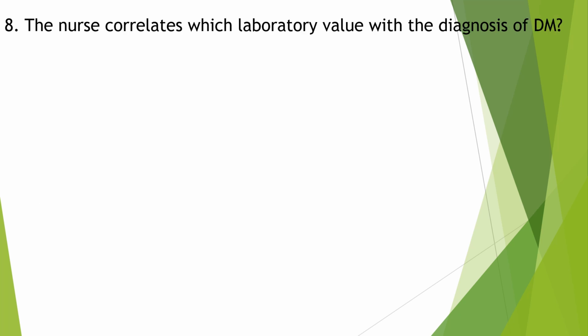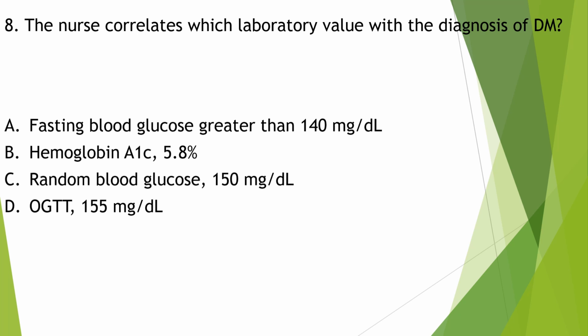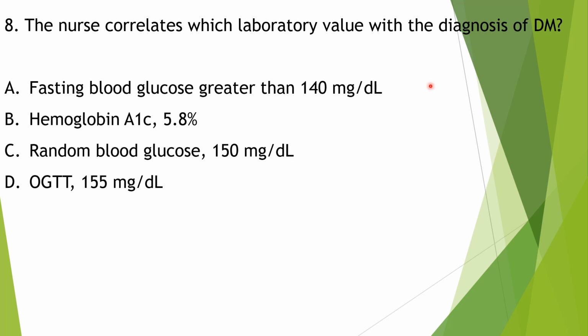The nurse correlates which laboratory value with the diagnosis of diabetes mellitus? Fasting blood glucose greater than 140 mg per dL, HbA1c 5.8%, random blood glucose 150 mg per dL, oral glucose tolerance test 155 mg per dL.